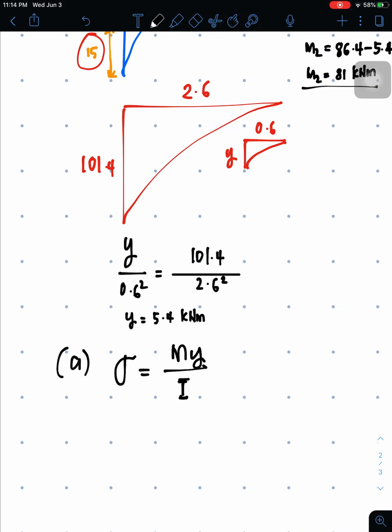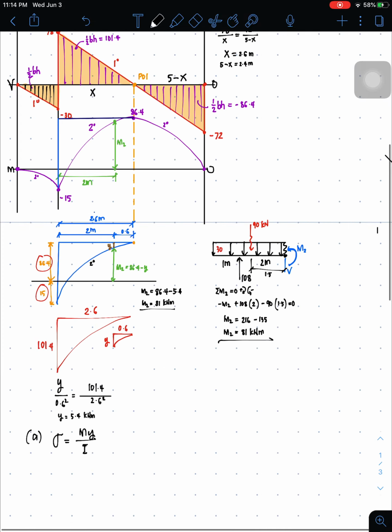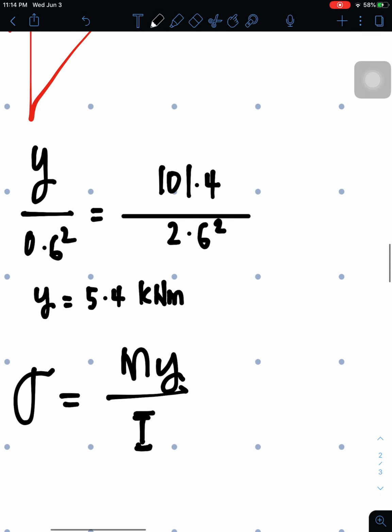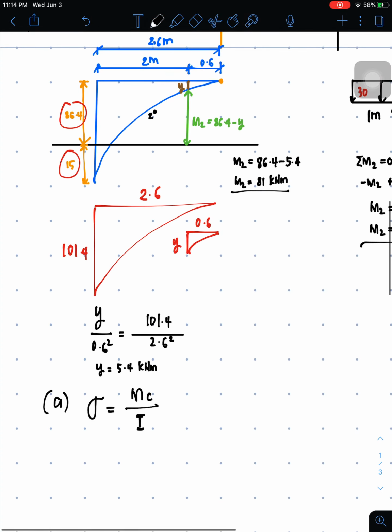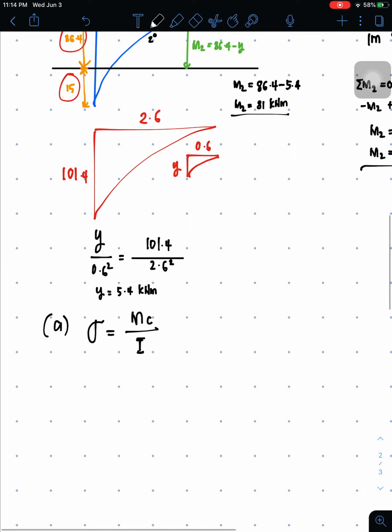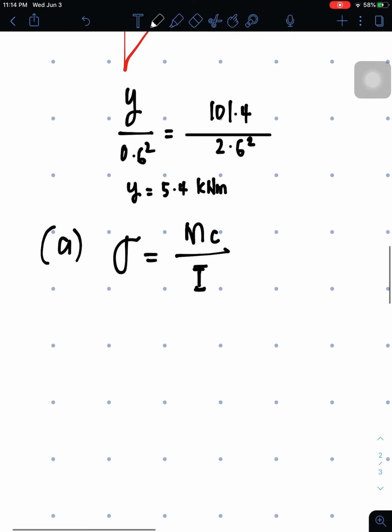But it wasn't said in the problem. And actually, the problem says maximum. Pasabot, we're getting the C value. No? Katong Mc over I. So instead of y, I'll be placing C. No? So, asa din nako siya gikuha.